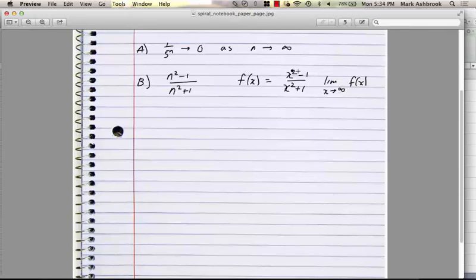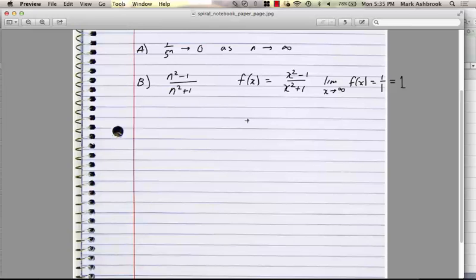If the degree of the numerator and the denominator was the same, then essentially that limit would be the ratio of your coefficients. And if the limit of the function is 1, then the limit of the sequence is 1.